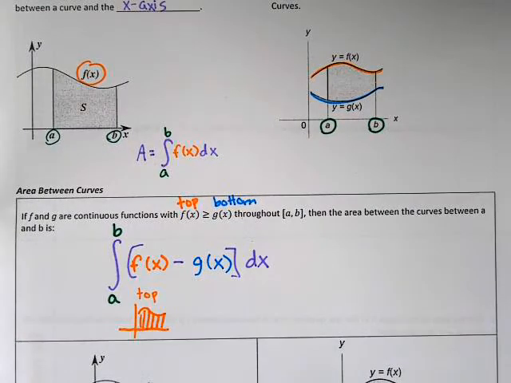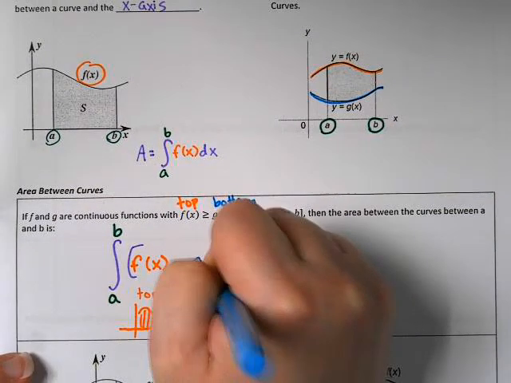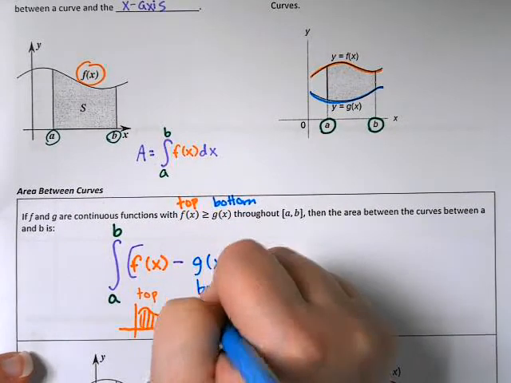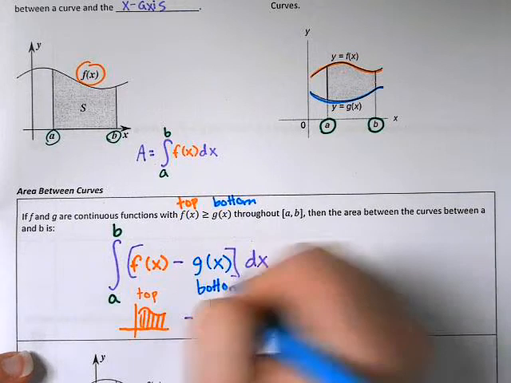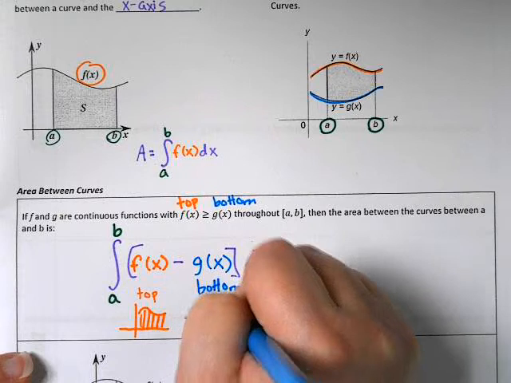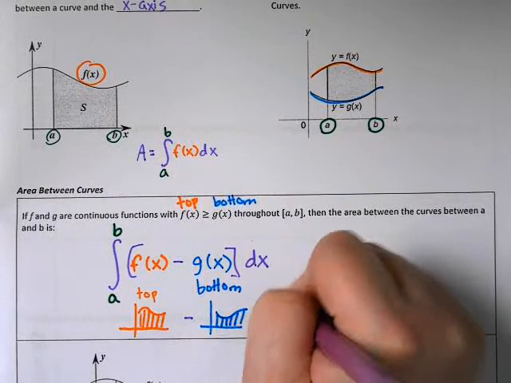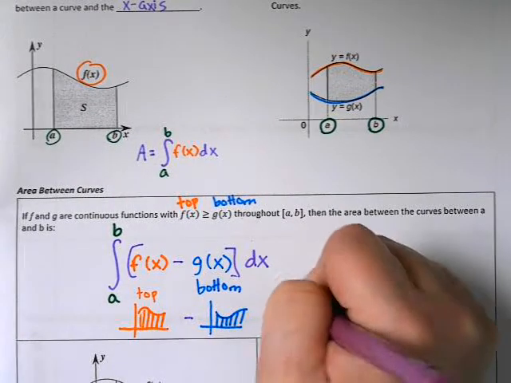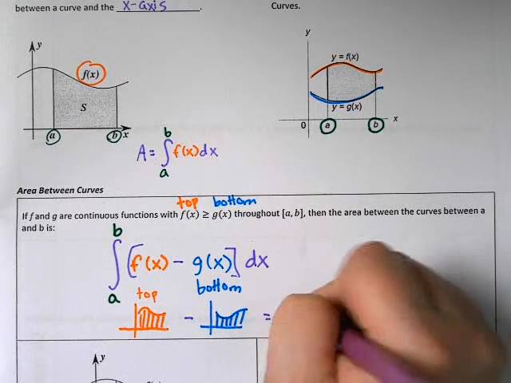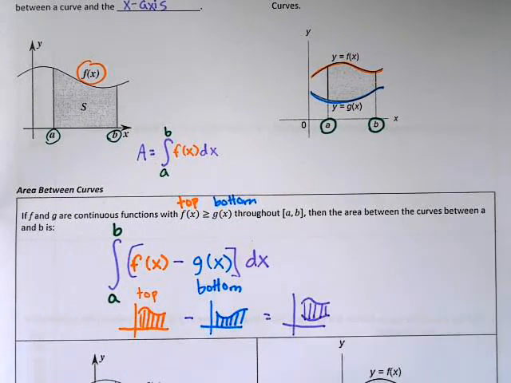Well, then we're going to subtract the bottom function, which is g of x. So if we look at what that looks like, the bottom function is here, and that's this area. And so what we're left with in the end is the area that we're looking for. It's the area between the two curves. So here's the top, here's the bottom, and we're left with the area that's in between.